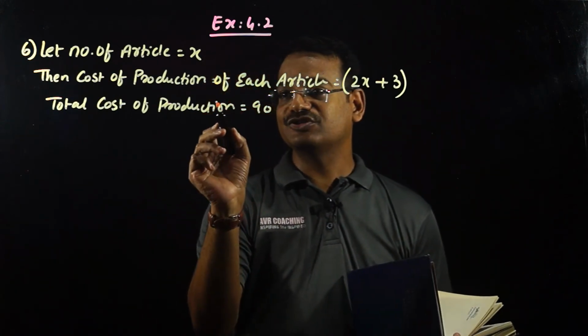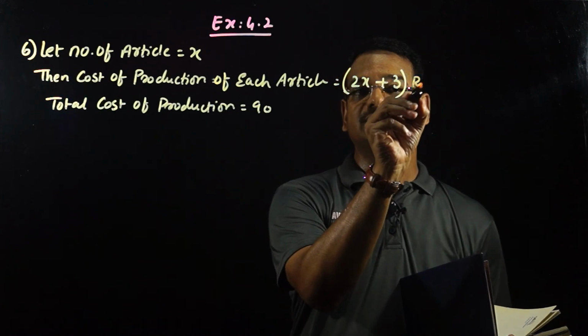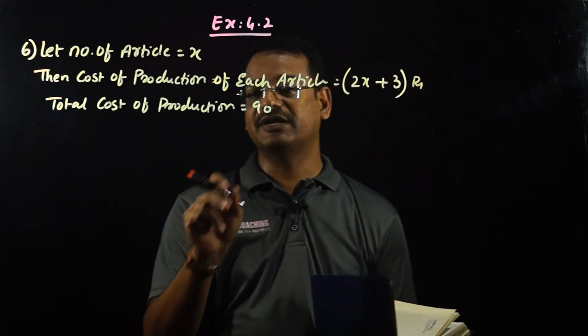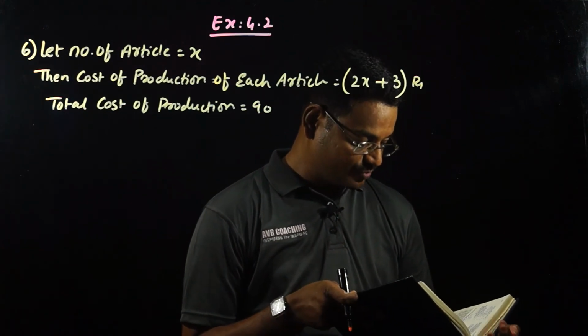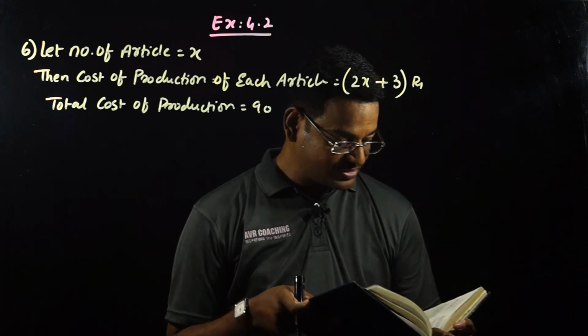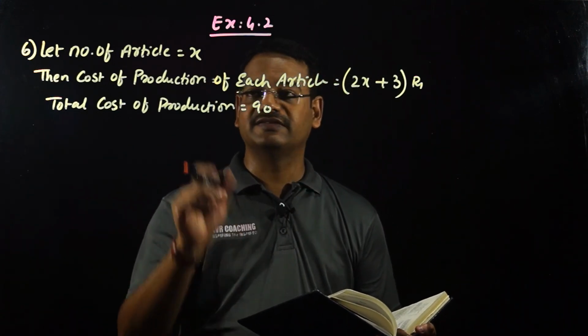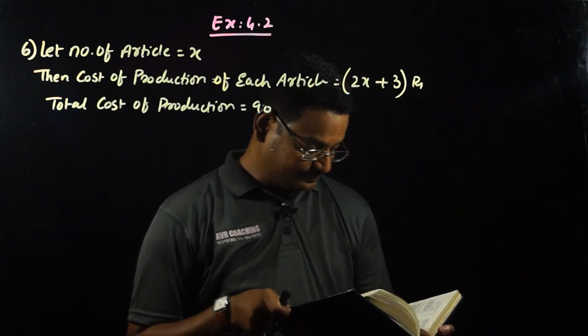So the cost of production of each article was 2x plus 3 rupees and the total cost of production on that particular day was 90. Then find the number of articles produced and the cost of each article. That is, we have to find the value of x and also 2x plus 3.